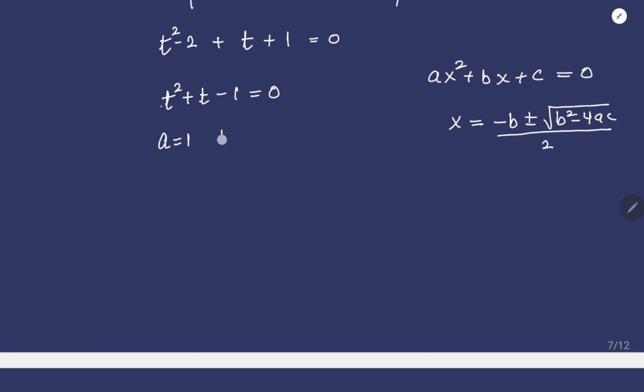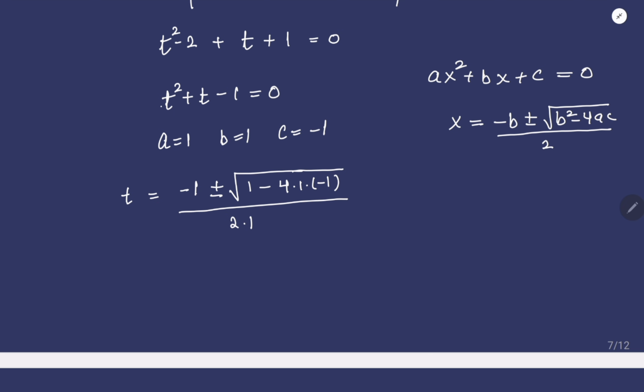So a is 1, b is 1, c is minus 1, right? What will you get for t then? t will be equal to minus b plus minus under root b square minus 4ac by 2 into 1, that is 2a, right? So t will be equal to minus 1 plus minus under root 1 plus 4 by 2.